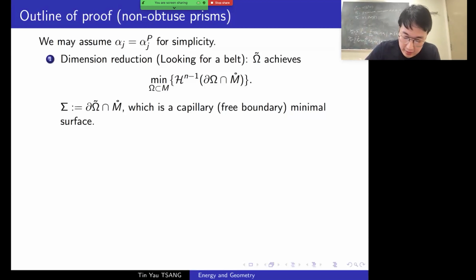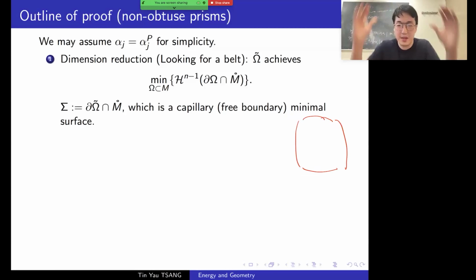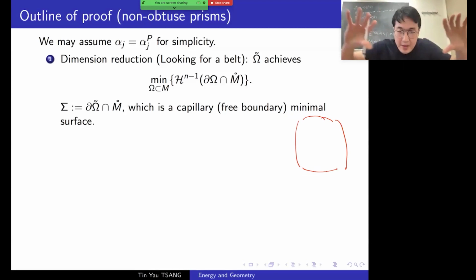Basically, we can imagine the following picture here. Of course, the angle cannot be drawn less than π/2 because such things don't exist. But this is a picture here, mean convex being fat. Now we look for a belt which satisfies the following minimization.